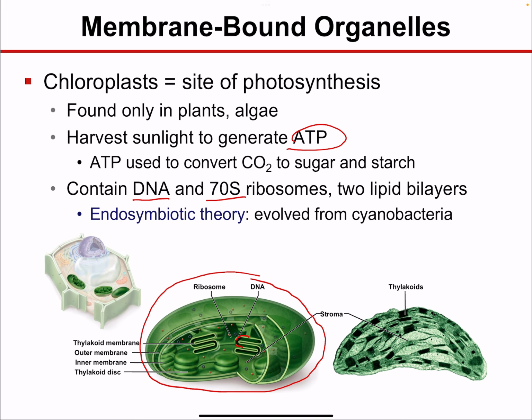So this, guys, the chloroplasts are thought to have been some microorganisms, some prokaryotic cells that were photosynthetic. Okay, they evolved from cyanobacteria, and here we are also talking about the endosymbiotic theory, right?